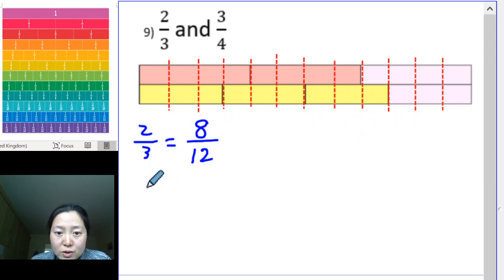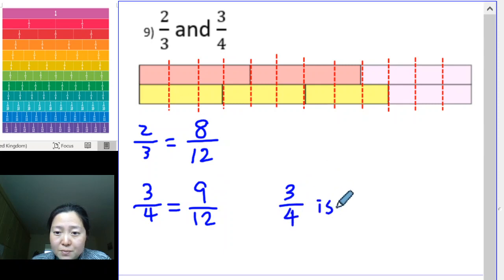And my 3/4 has become a fraction also with 12 pieces as in the denominator, and I have the yellow highlighted, let's say 9 pieces. So my 3/4 is bigger because each fraction is represented by something over 12.